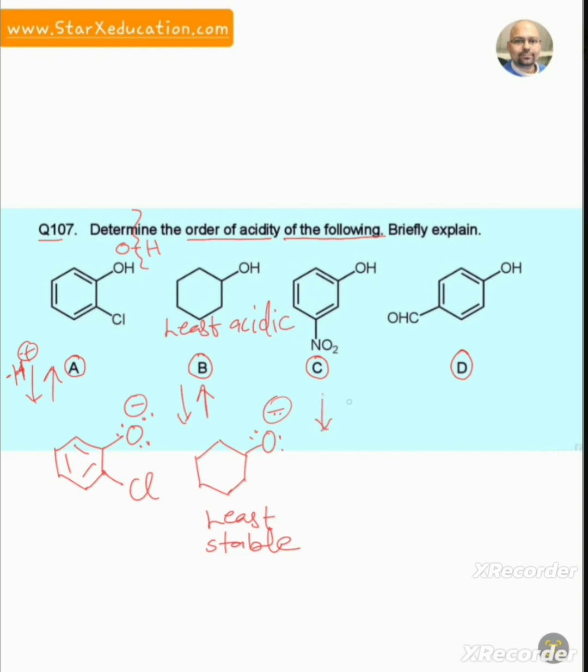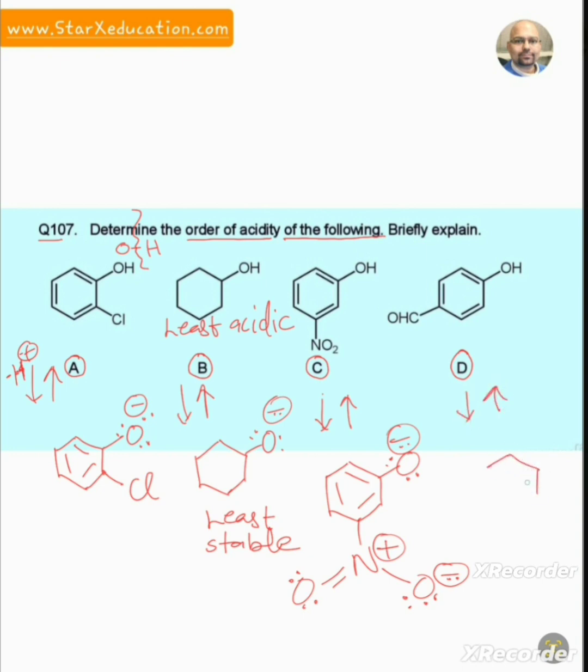The conjugate base of compound C would be meta-nitrophenoxide ion, and the conjugate base of compound D is this structure.